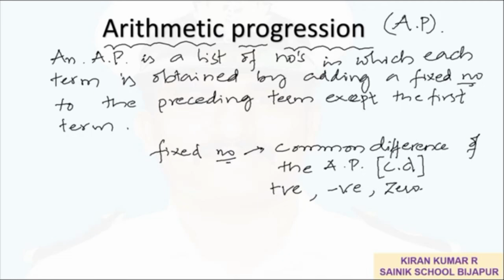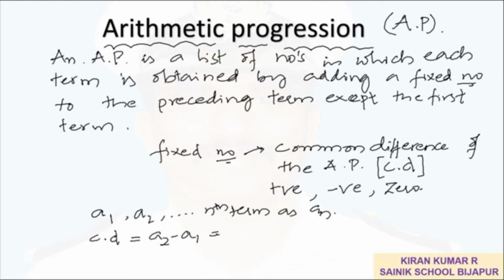Let me denote the first term of an AP by A1, second term by A2, and nth term as An. Then the common difference, which I will denote by d, is A2 minus A1, which will be the same as A3 minus A2, which will also be the same as An minus An minus 1.